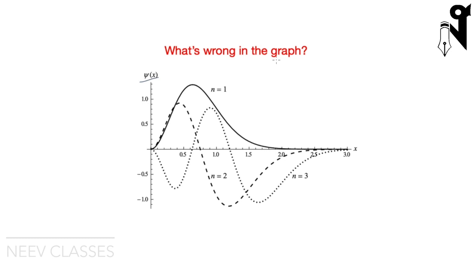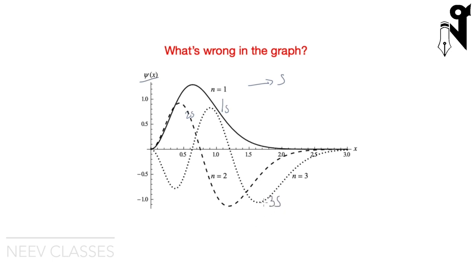So if it is for n equal to 1, it has to be for s. So this graph is for 1s, because n equal to 1 doesn't have a p or a d. The other graph would be for 2s, and the third graph, which is named as 3, must be for 3s.